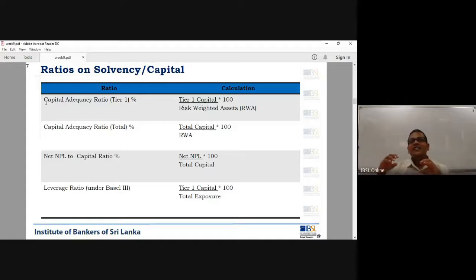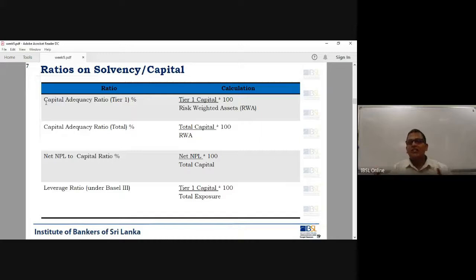Likewise, there are different risk weights for different loans and advances. If it is cash in hand, 0%. And treasury bonds and treasury bills, 20%. Likewise, different risk weights are given to different categories of assets.